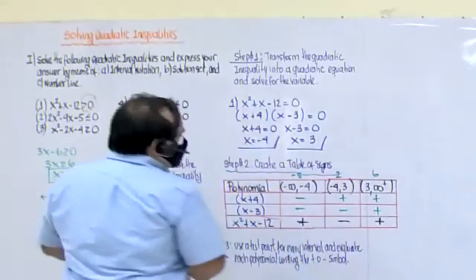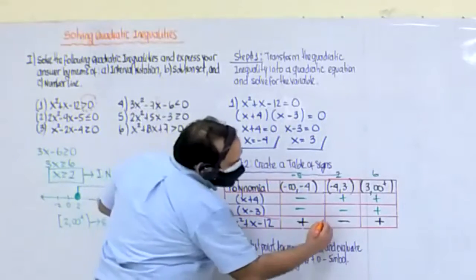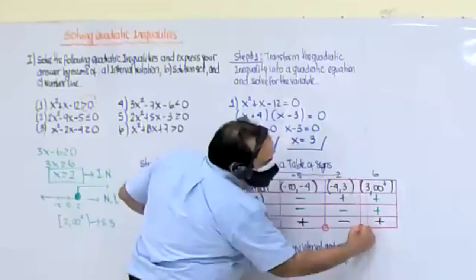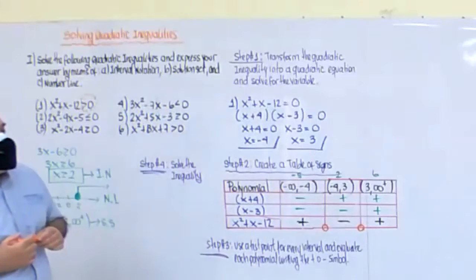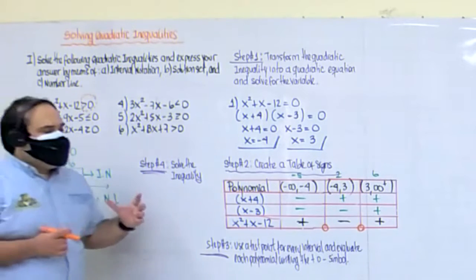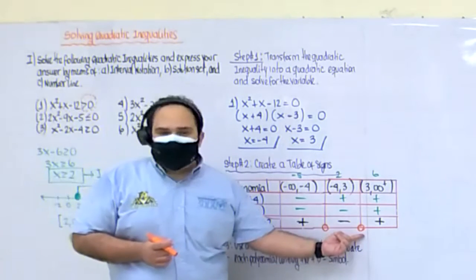In the middle column, always, over here, we're going to draw a couple circles. I'm not going to shade the circles because I'm not including the equal sign. I only draw the circles.